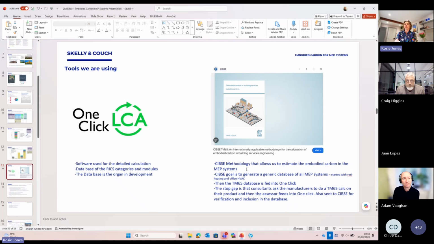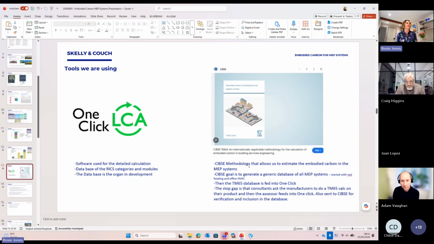The methodology we're using in order to generate that database is the agreed tool, CIBSE TM65, which is a specific tool for MEP systems, built up by the Chartered Institution of Building Services Engineers. The goal is that it's a generic database of all of the engineering systems, but it's a work in progress, and it's like a pathway, and it's a verification process.